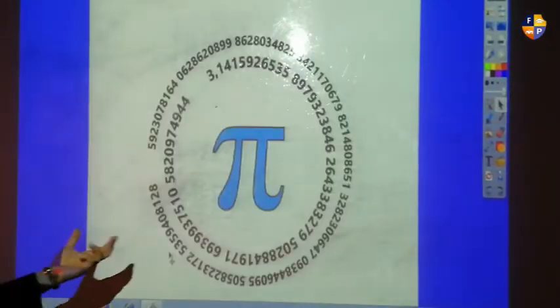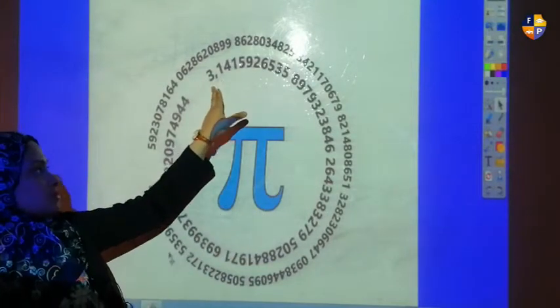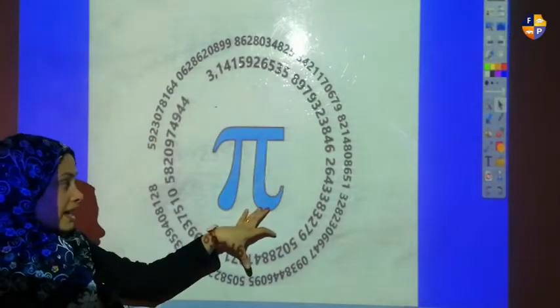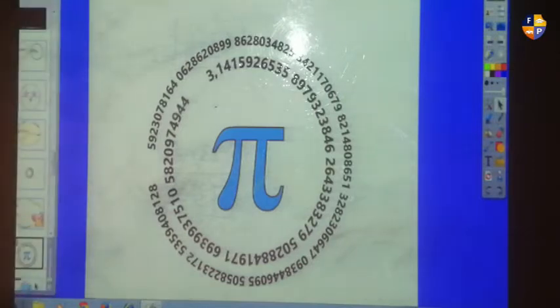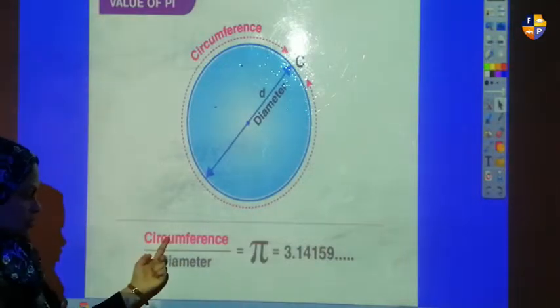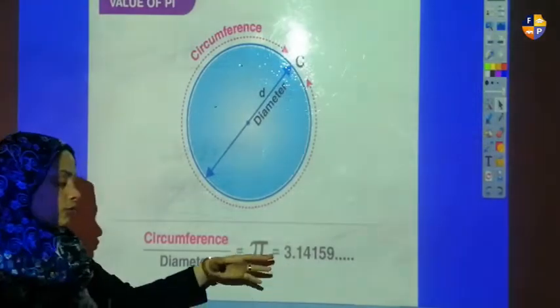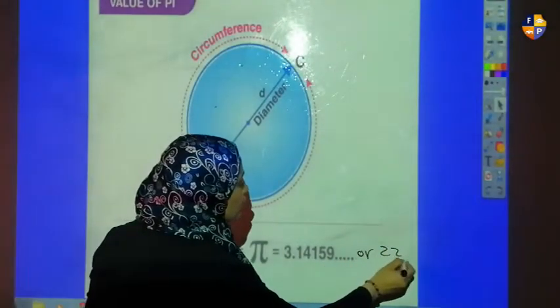What is pi? The symbol pi means 3.14, or equals 3.14. It is an approximation value. It is the value that is the ratio between the circumference of the circle and the diameter. So pi is the ratio between the circumference of the circle and the diameter, which is 3.14, an approximation value, or 22/7.